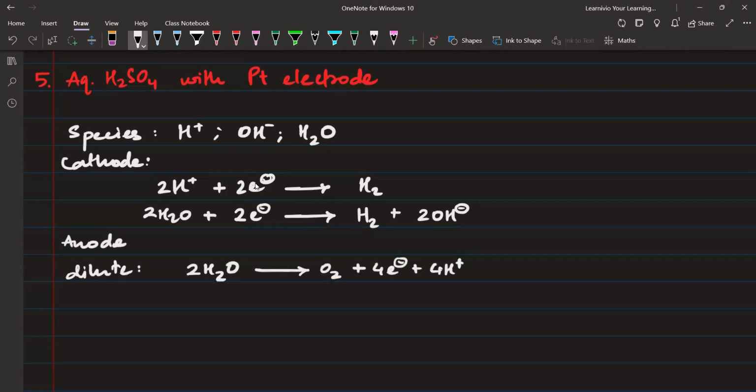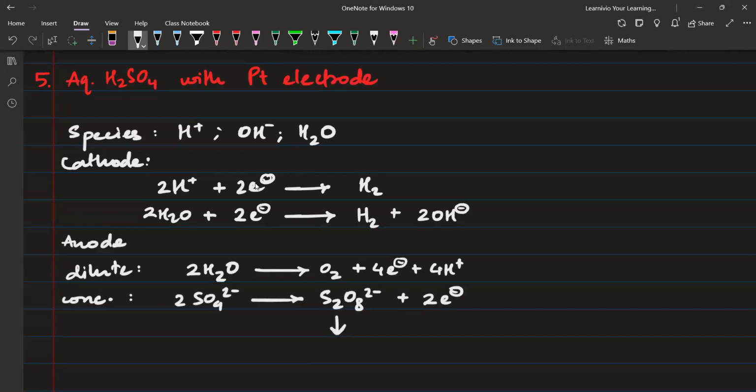But if you have concentrated H2SO4, then the SO4 2 negative ion is going to take part in the oxidation and form S2O8 2 negative, giving out 2 electrons. And this can further form H2S2O8, which is known as peroxodisulfuric acid.